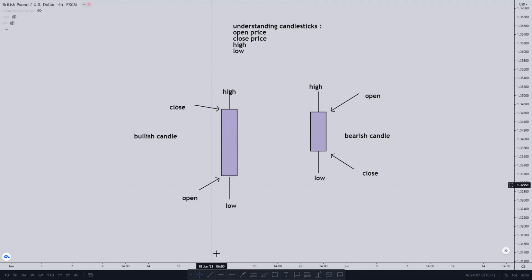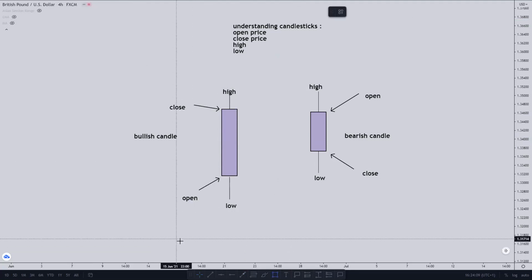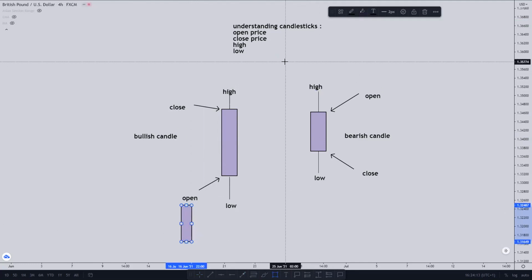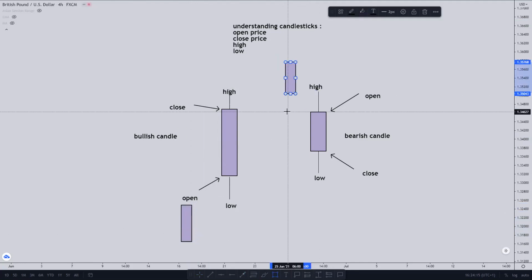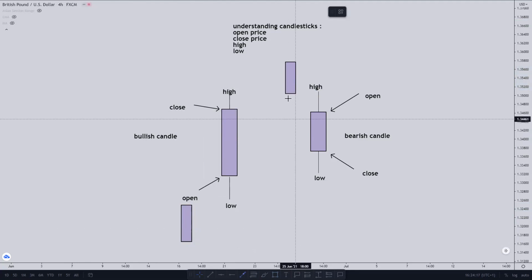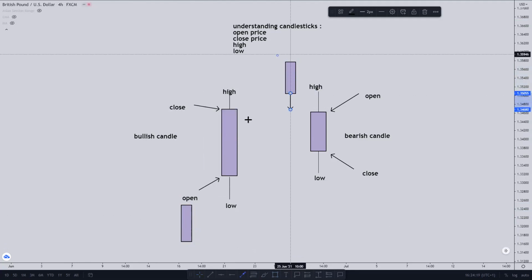So on a bullish market, it's an uptrend, right? And then on a bearish market, it's a downtrend, right? Let's use an arrow so that you can see.